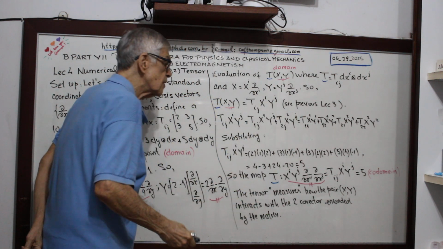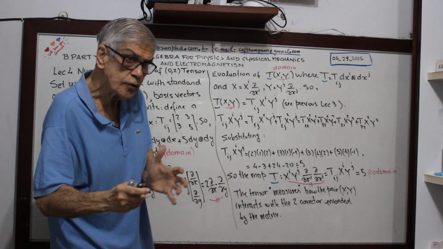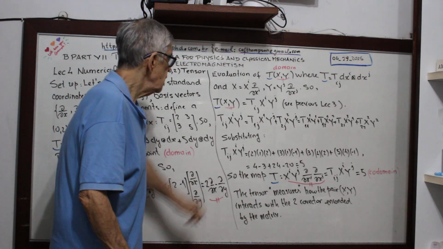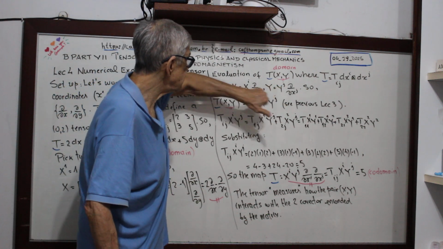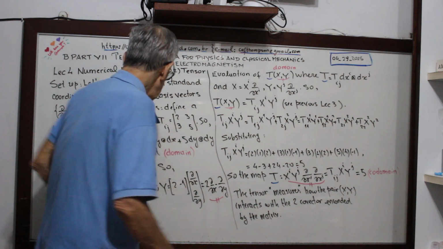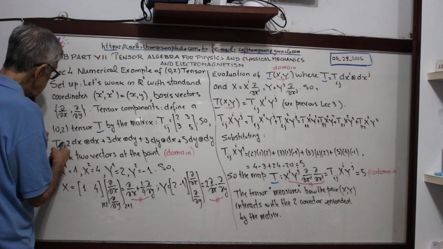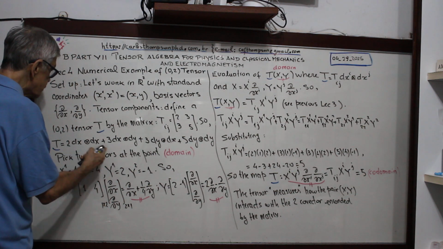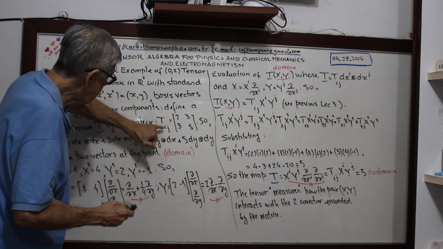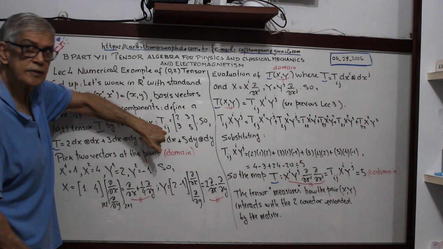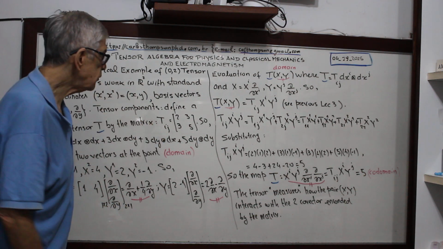This vector x and y, they belong to the vector space, you see? And these are the contravariant components, okay? And this over here belongs to, in this case, the dual space, the cotangent space, you see? That's why you have lower indices here, Tij.